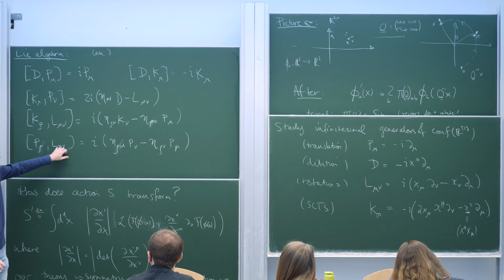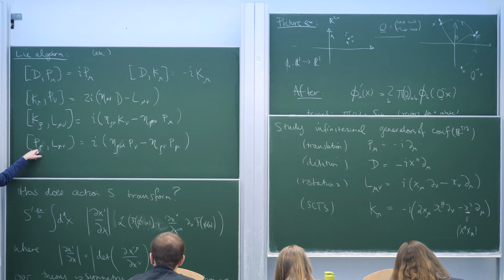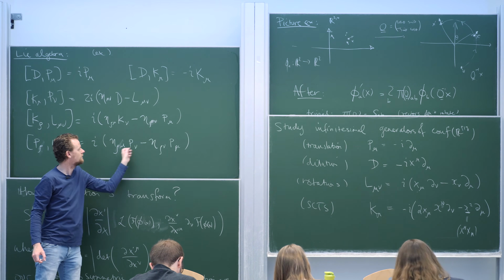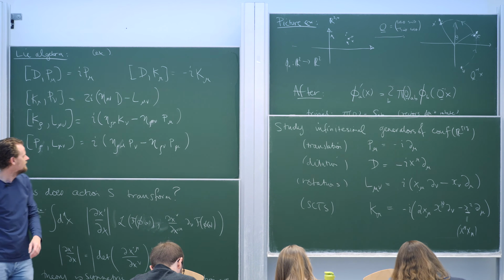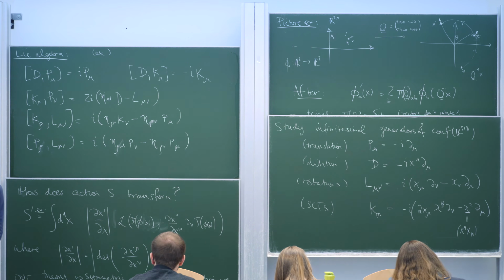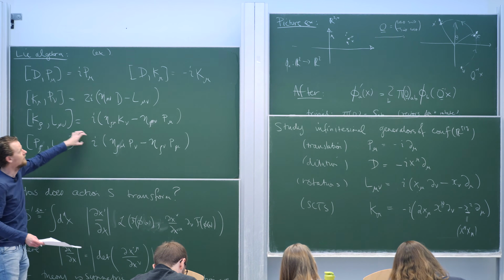This says what happens if I do a boost. What happens to the energy momentum 4-vector? Well, it gets rotated. That's what this is doing here. It rotates energy into momentum and things like this. So there's physical content to these that you can begin to see if you think about what each of these commutators represents.